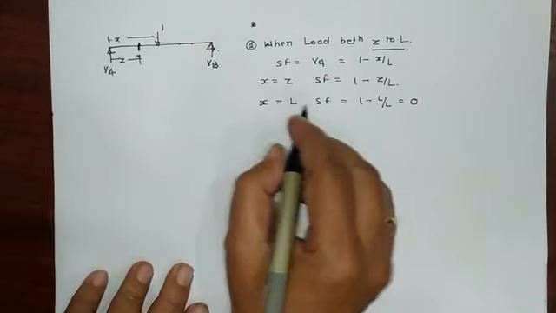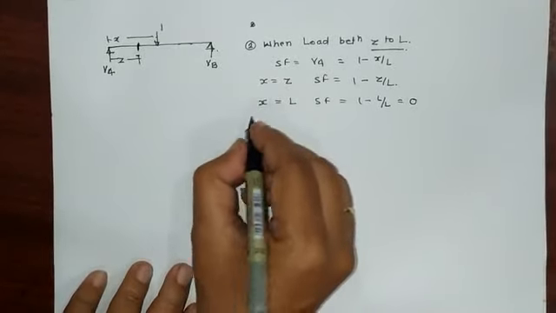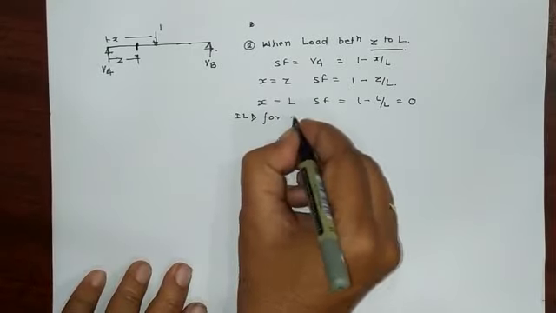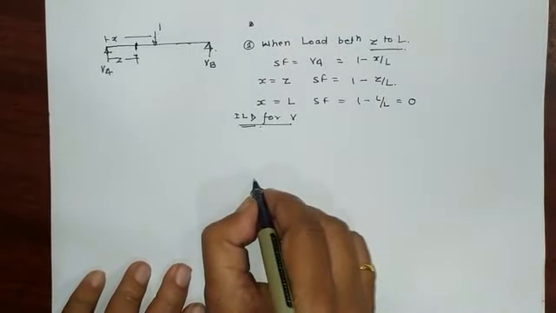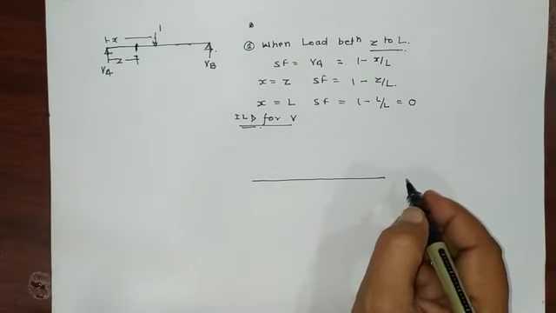So we got all the ordinates from 0 to L. So we can plot this ILD for V first.